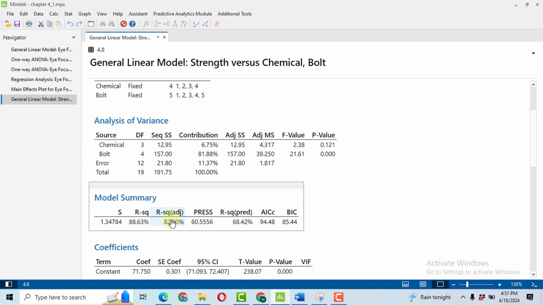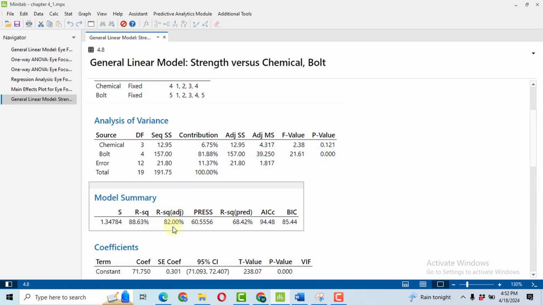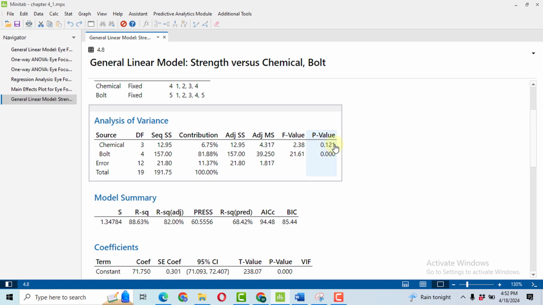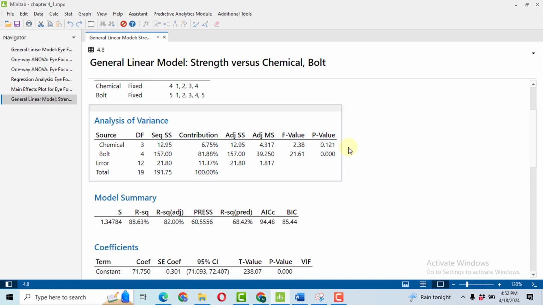Because one of our main treatments, the chemical, is found to be statistically insignificant. So that's why our R square adjusted value has been decreased. If both of the treatments are found to be statistically significant, then you will not observe such a huge difference between these two values.